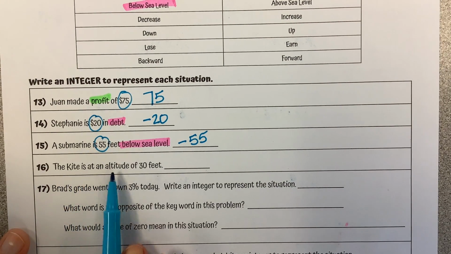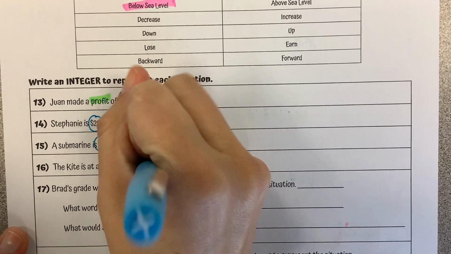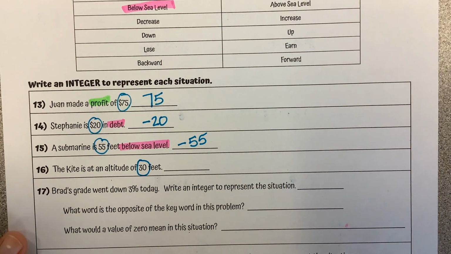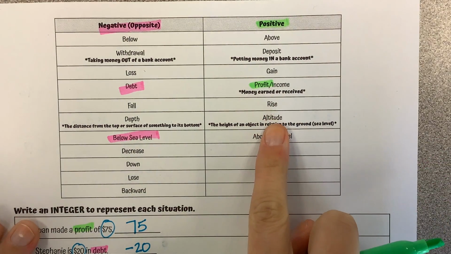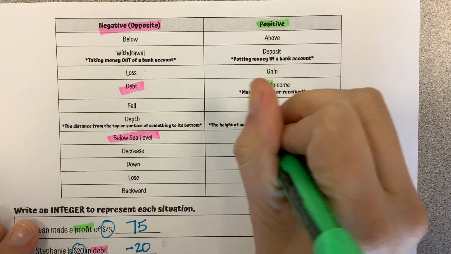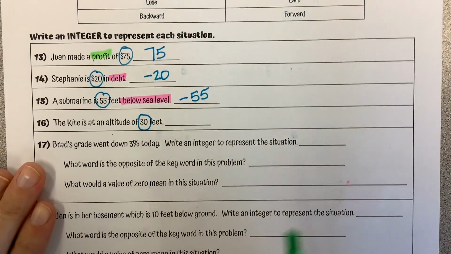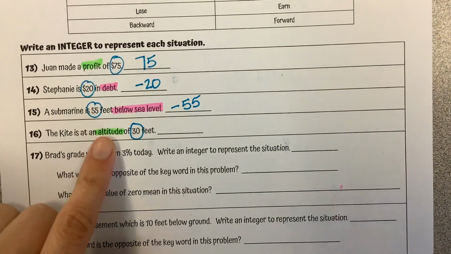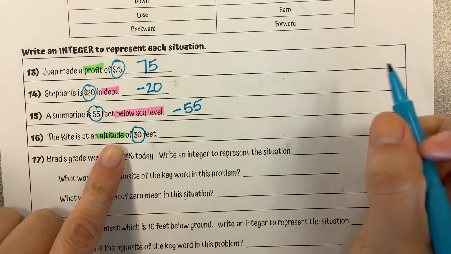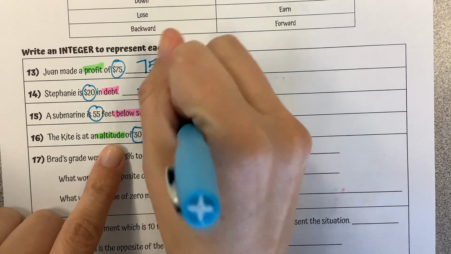The kite is at an altitude of 30 feet. So looking for the word altitude, if I look on my chart, I see altitude on the positive side. So being at an altitude of 30 feet is going to be positive 30.